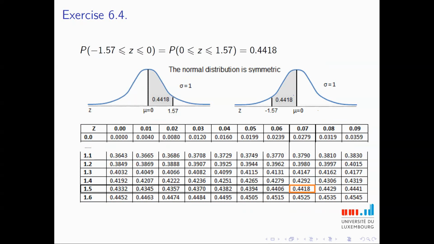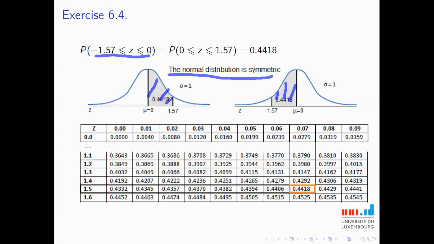Here you have to calculate the following probability, and here we have to use the feature of our normal distribution that is symmetric. So the normal distribution is symmetric. That's why the areas colored in gray are equal.